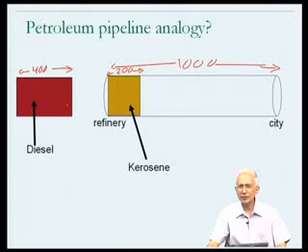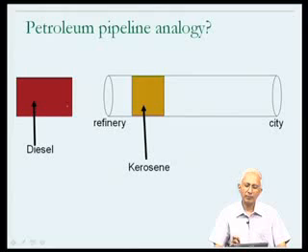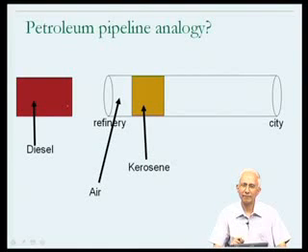And the answer to the question which may arise in your minds in terms of the petroleum pipeline is that before pumping the diesel volume into the pipeline, I actually pump some air into the pipeline. In other words, the kerosene is being pumped through the pipeline from the refinery to the city, but before pumping the diesel into the pipeline, if I pump some air into the pipeline, and then I pump the diesel, then there's no danger of the kerosene and the diesel interfering with each other.